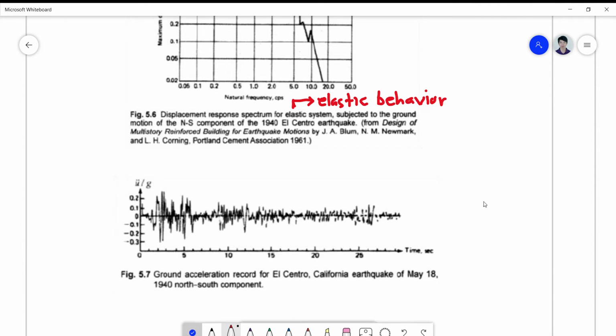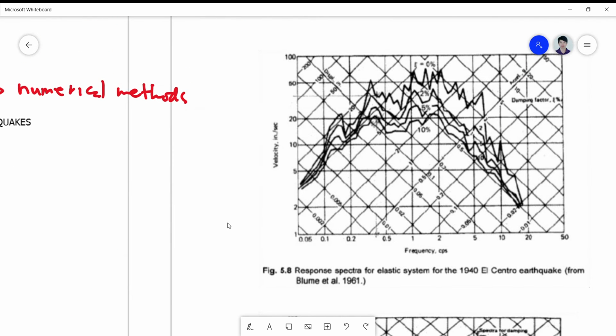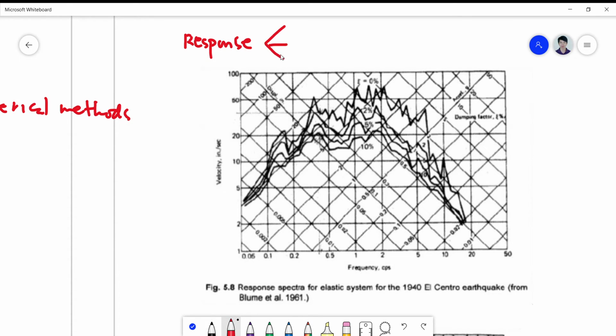Okay. So we also have here an example of tripartite response spectra. So when you say tripartite, the response is already graphed into three responses: displacement, velocity, and acceleration.